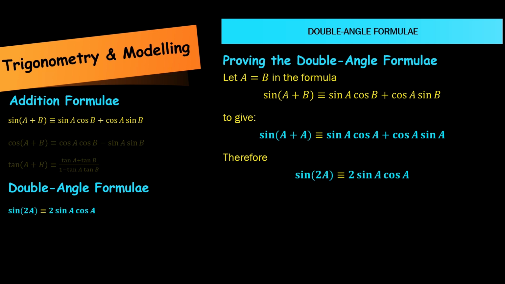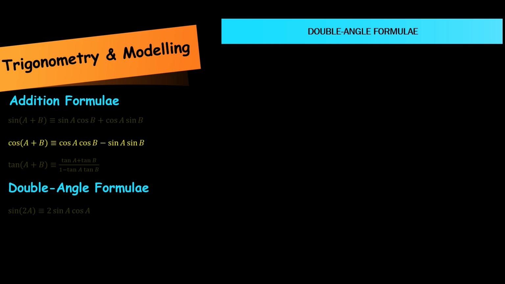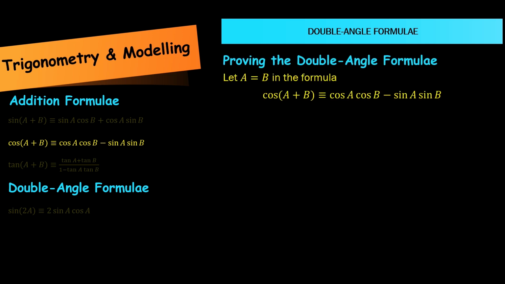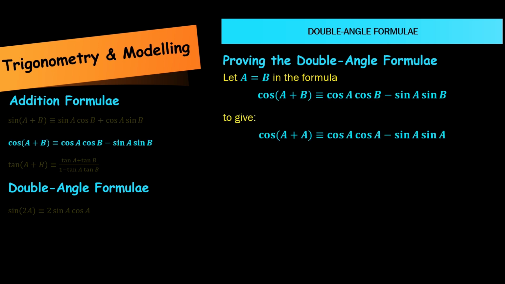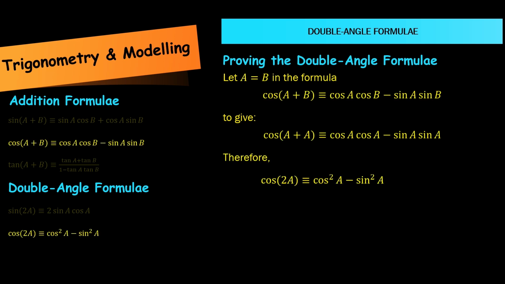Let's now take a look at the addition formula for cos. If we let A equal B in the formula for cos, we obtain cos(A + A) is identical to cos A cos A minus sine A sine A. And so if we tidy up, we obtain cos 2A is identical to cos squared A minus sine squared A. And we can rearrange this to be written as cos squared A minus (1 minus cos squared A).